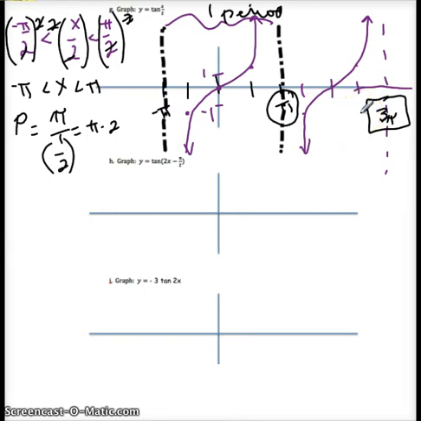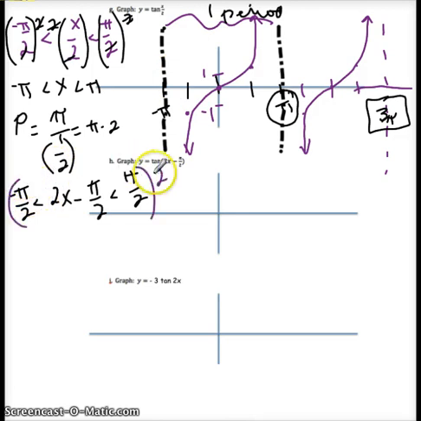Let's look at example H. I see that I have bx plus c is 2x minus pi over 2. We know that we will have to place those between negative pi over 2 and positive pi over 2. Let's sweep the fractions. In order to do that, we would multiply every portion of this inequality by 2.